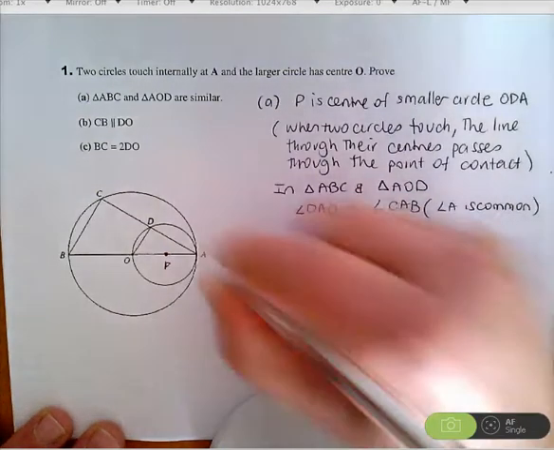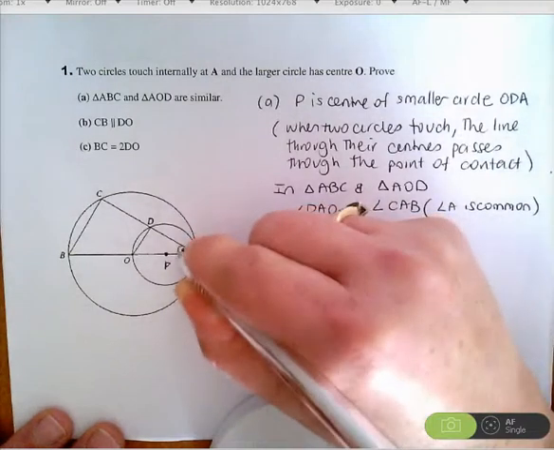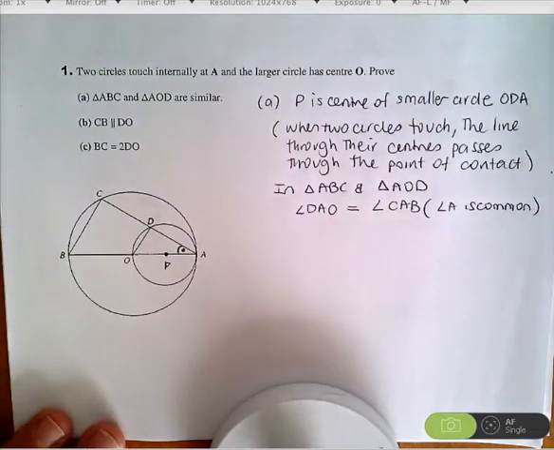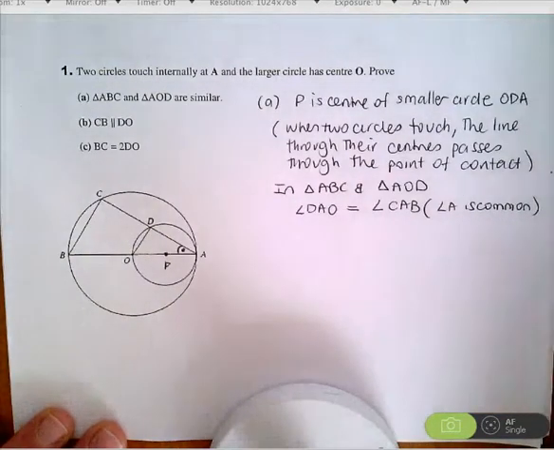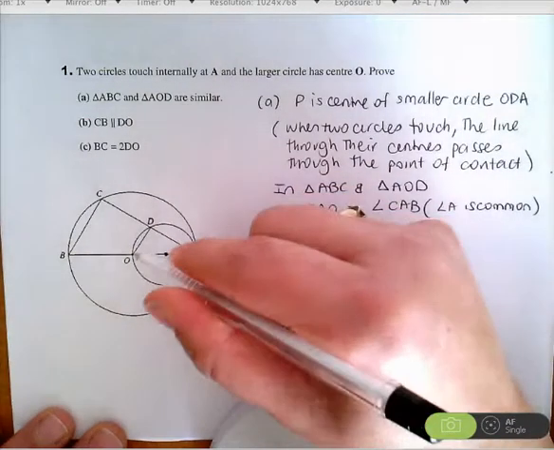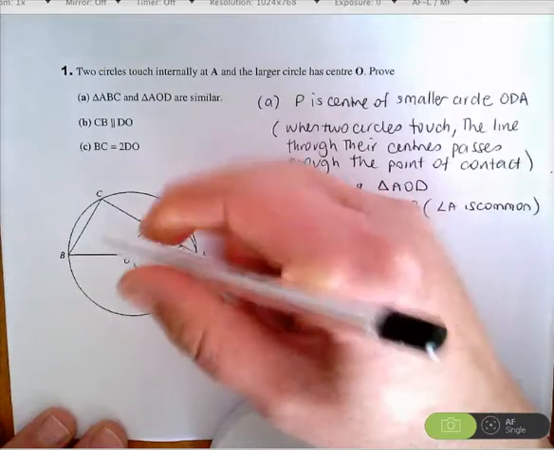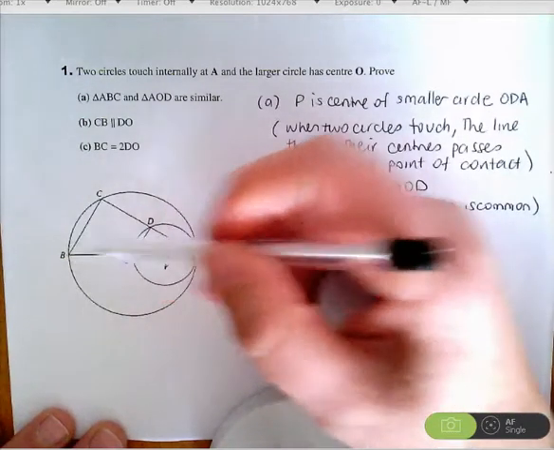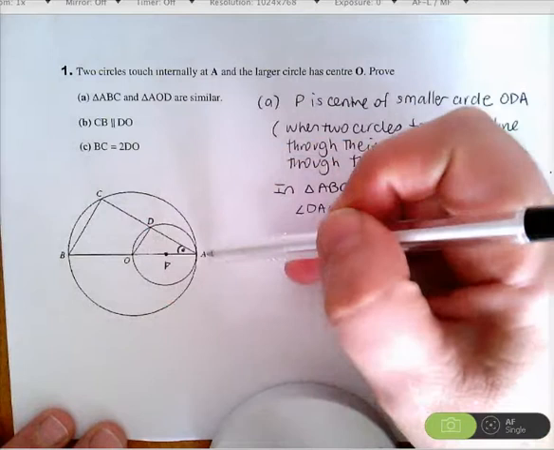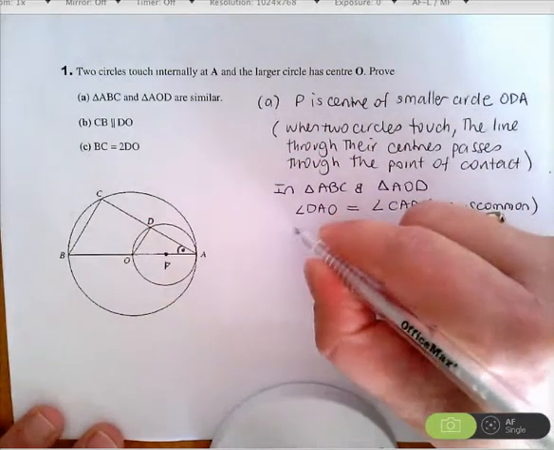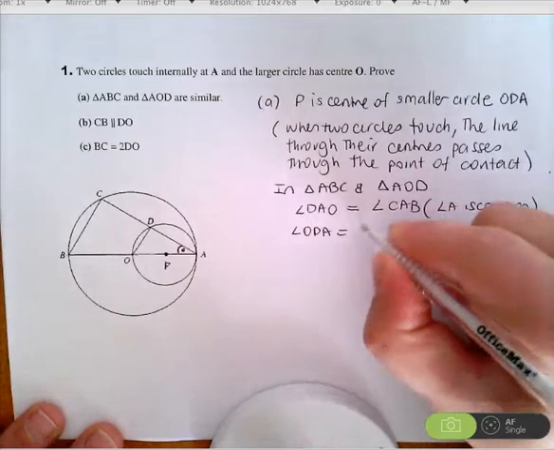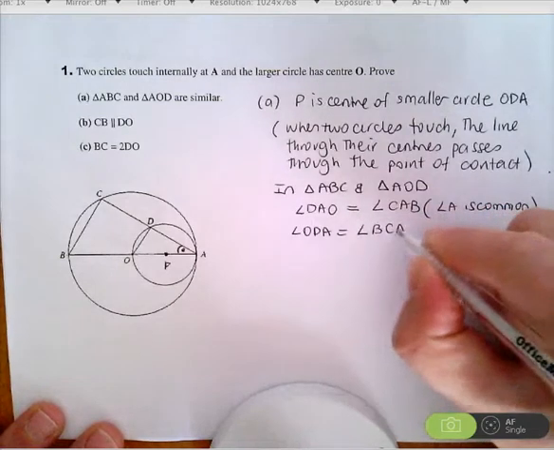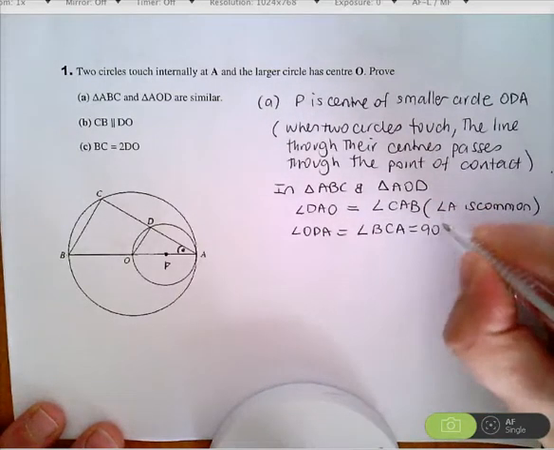But for equiangular, we're going to need another angle. Now, we do not know that CB and DO are parallel, so we're going to have to come up with something else. And because we know that OPA is a diameter of the circle, and so is BOA, that's a diameter of the larger circle, we know that angle ODA is equal to angle BCA, which equals 90 degrees.